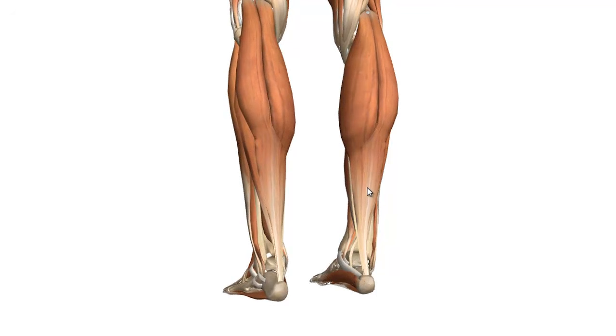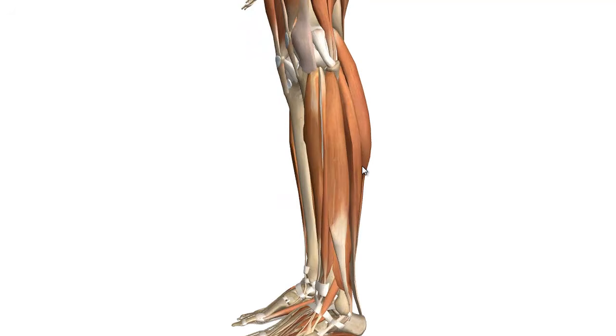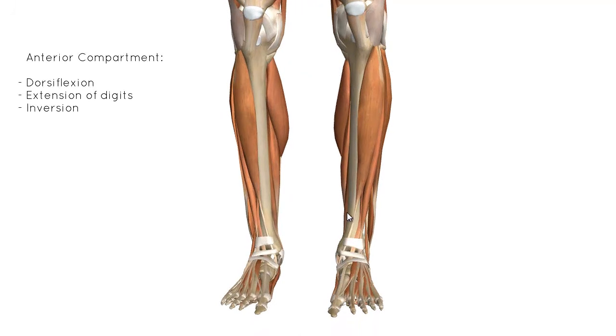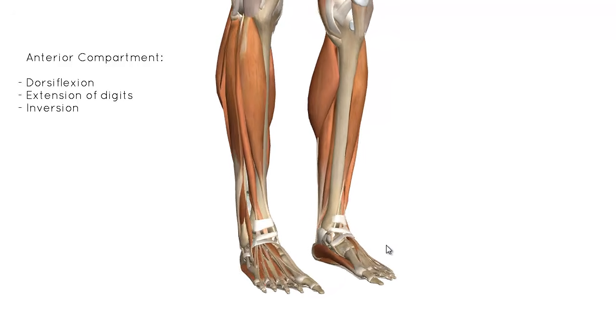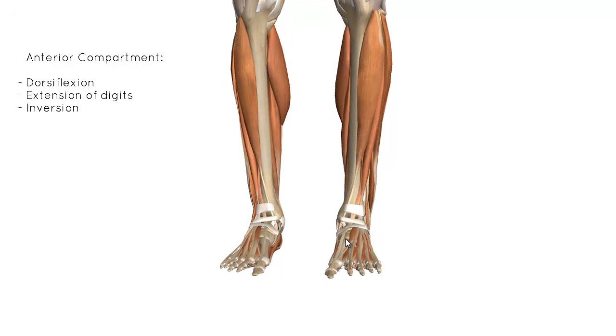foot. The muscles of the anterior compartment do the opposite, really. They dorsiflex the foot, so bring the toes upwards. They extend the digits, and they invert the foot also.